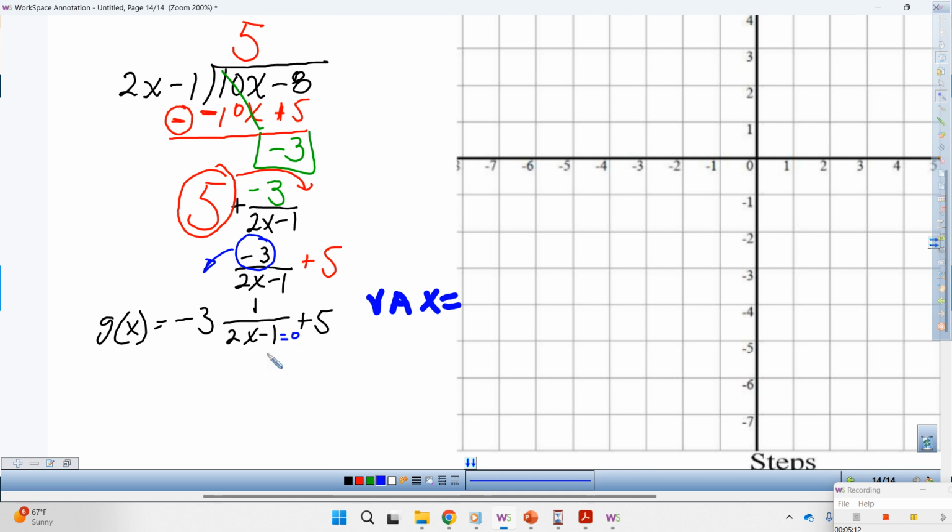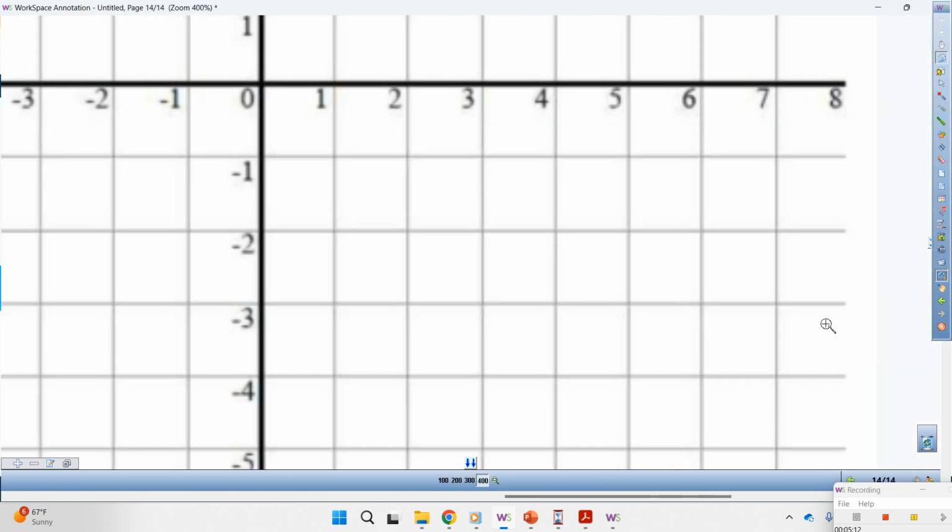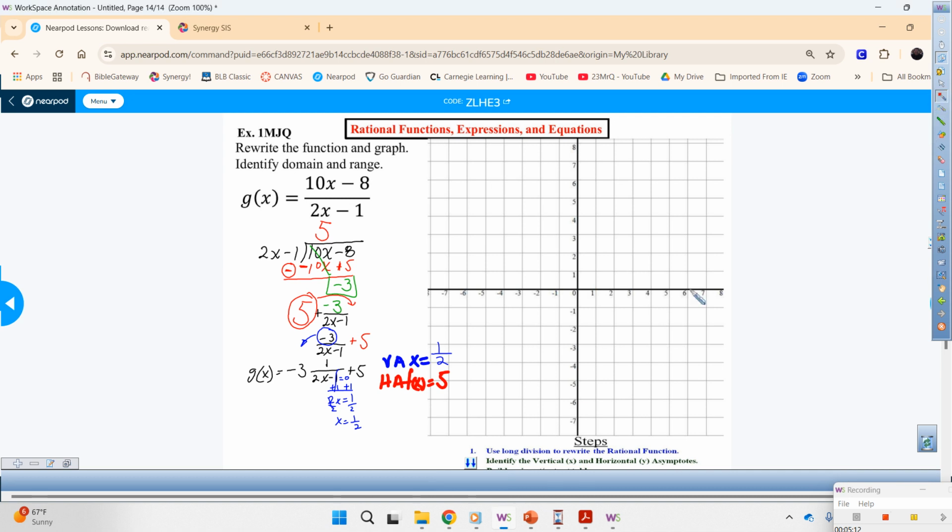Yeah, set it equal to 0 and plus 1 plus 1. 2x equals 1. Divide by 2. x equals 1/2. Okay. Our HA, which is f of x, is equal to the constant, which is 5. All right, let's graph that really quick. We got 1/2 of x, about right here.